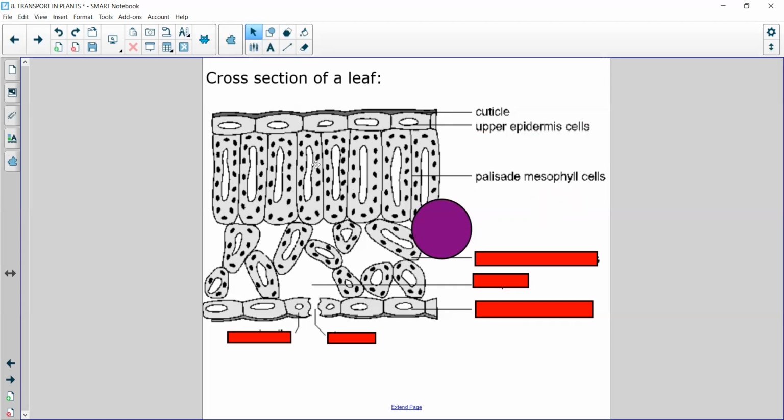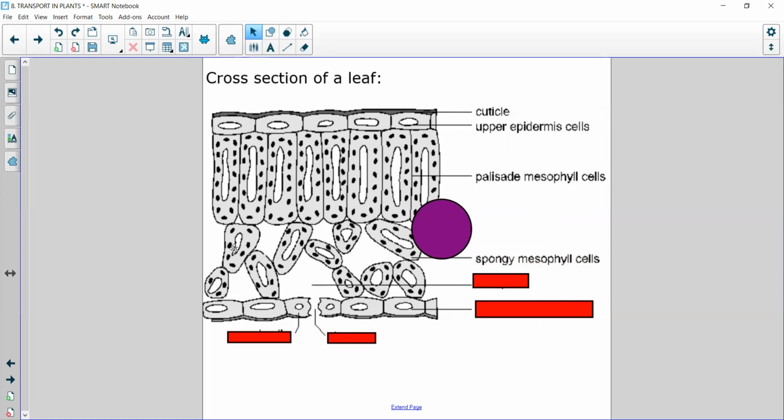Okay, underneath the palisade mesophyll cells, we have the spongy mesophyll cells. So again, same idea. Slight difference is just how these cells are arranged. So the palisade ones are arranged end on to maximize the amount of sunlight available so that there's a huge amount of photosynthesis taking place.